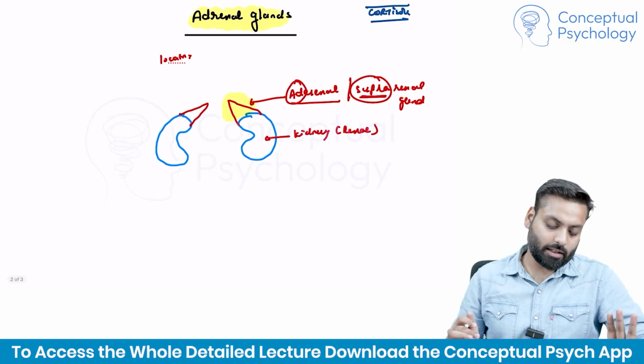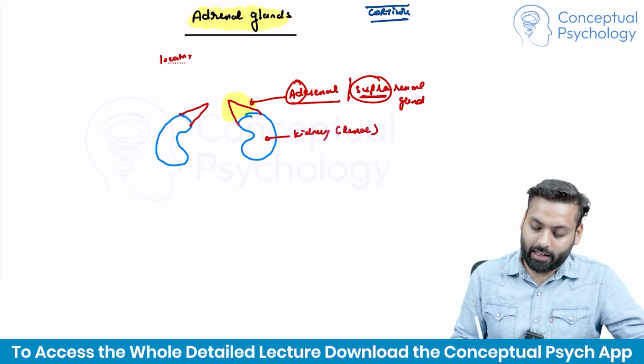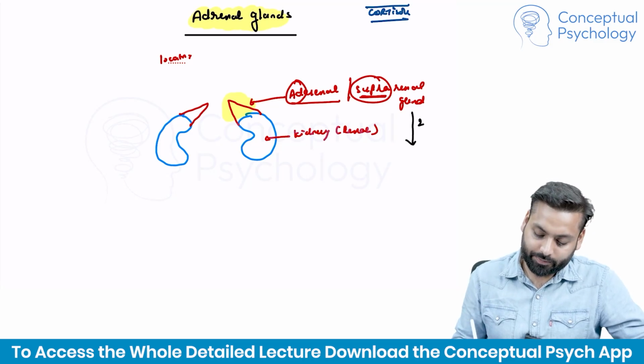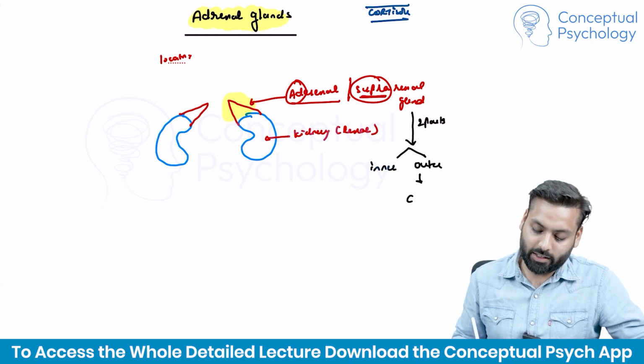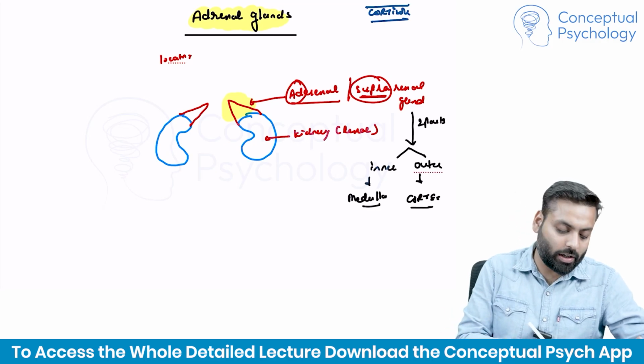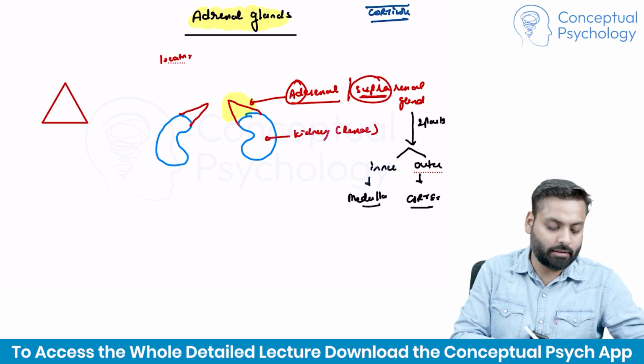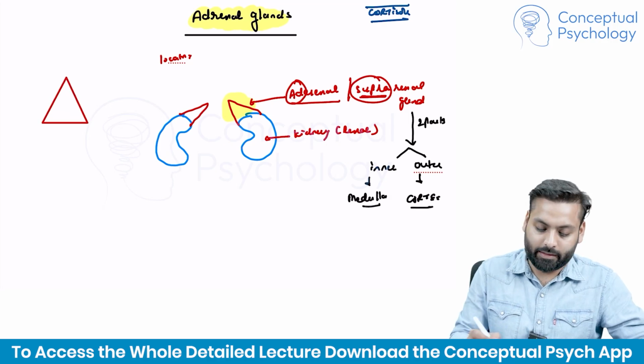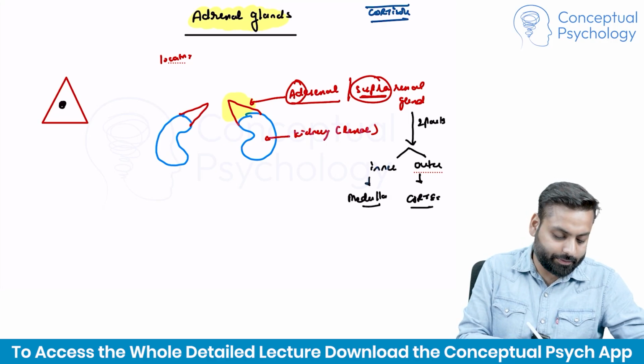Adrenal gland has two parts. One is the outer part, one is the inner part. Outer part is known as the cortex, inner part is known as the medulla. So it looks somewhat like this: a triangle and the inner part.